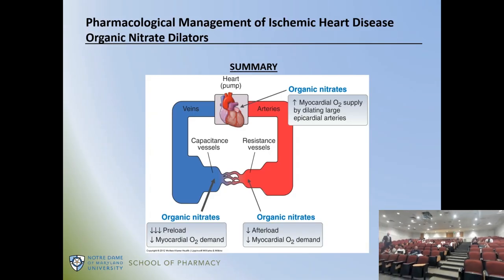That reduces myocardial oxygen demand. Organic nitrates also reduce afterload. Okay, that will reduce myocardial oxygen demand or work, right? And it also improves coronary blood flow by dilating the coronary arteries. Okay? That's it. If you know those 3 things, you can navigate about 80 to 90% of this stuff here.